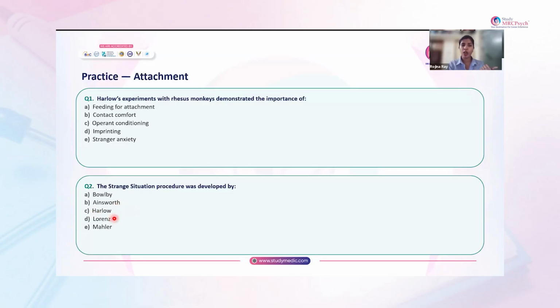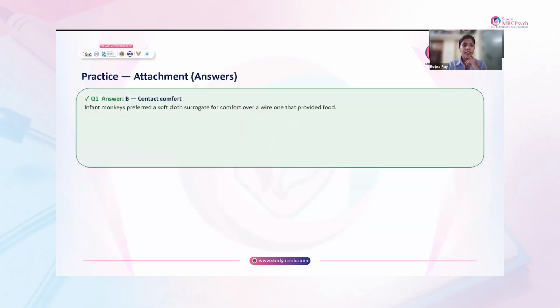And Harry Harlow, we already discussed the experiment on Harlow's rhesus monkeys. Lorenz proposed the idea of imprinting. Then Margaret Mahler, we already discussed, gave the theory of separation individuation. So the answers are, infant monkeys preferred the soft clothed surrogate for comfort over a wired mother who provided food.